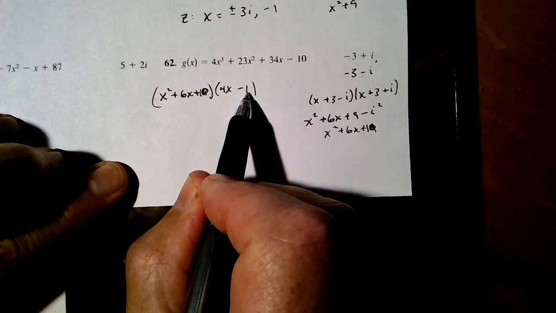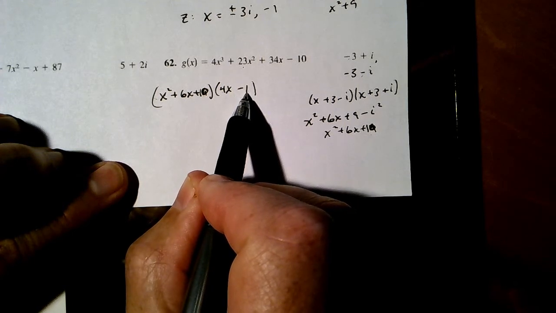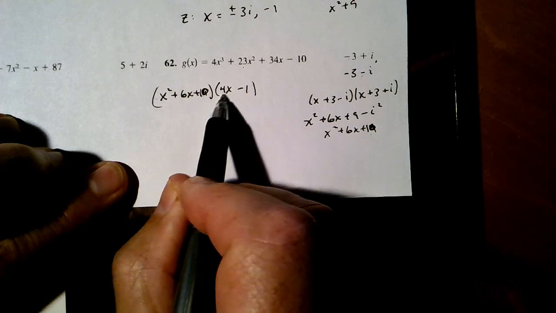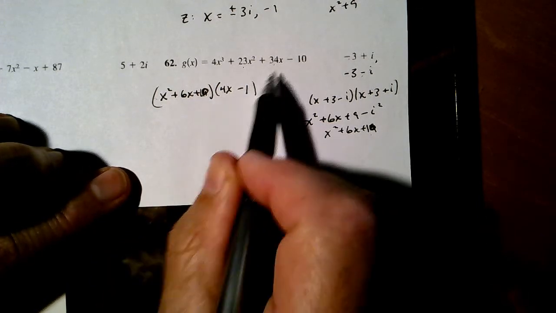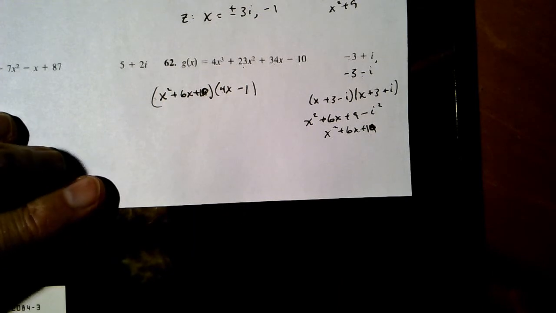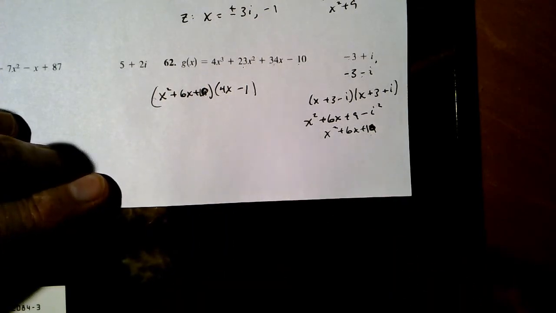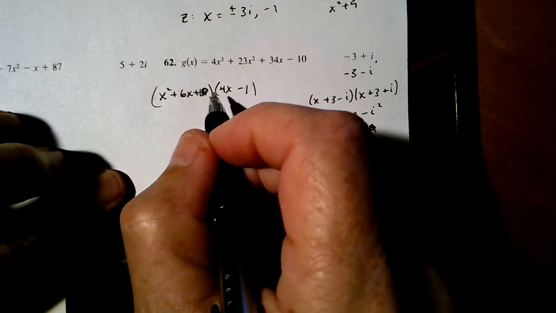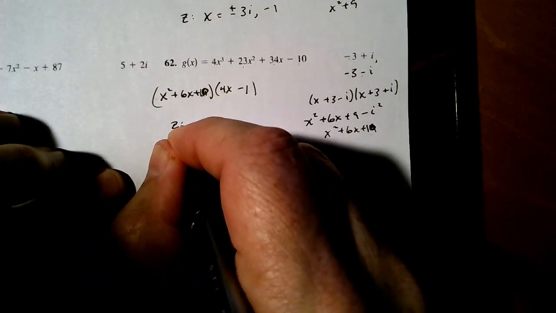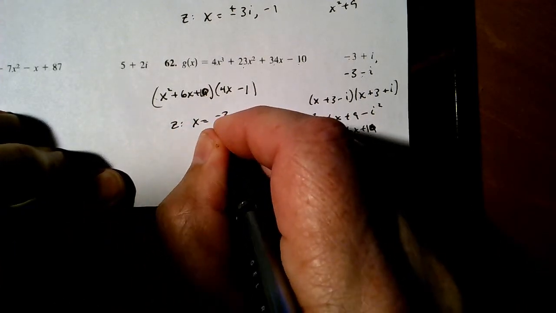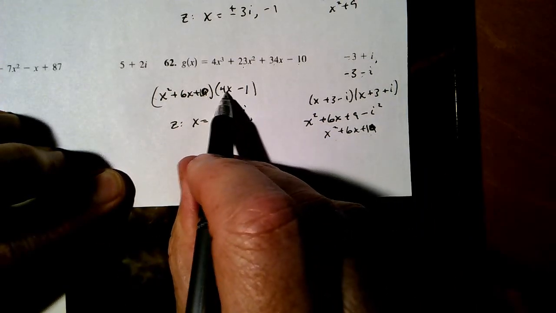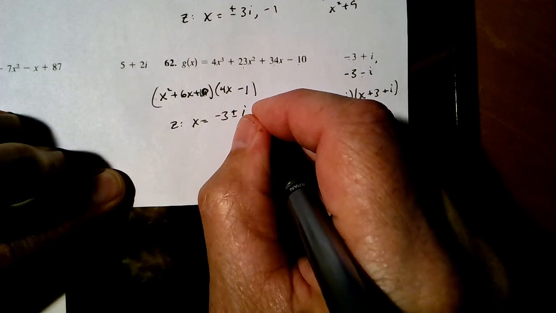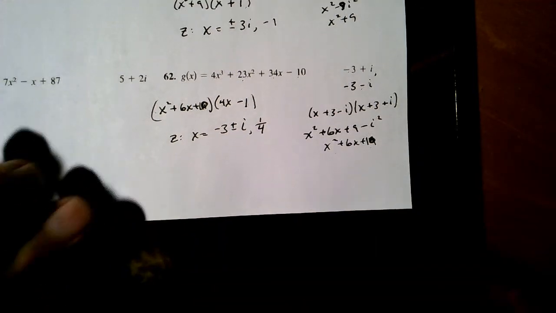Minus 6x plus 40x, 34x, 10, negative 1, negative 10. Actually works. Now you could long divide this, but I like sneaky ninja approach here. So let's go ahead. Our zeros are x equals negative 3 plus or minus i, and set this equal to 0, add 1, divide 4, 1/4 is a 0.